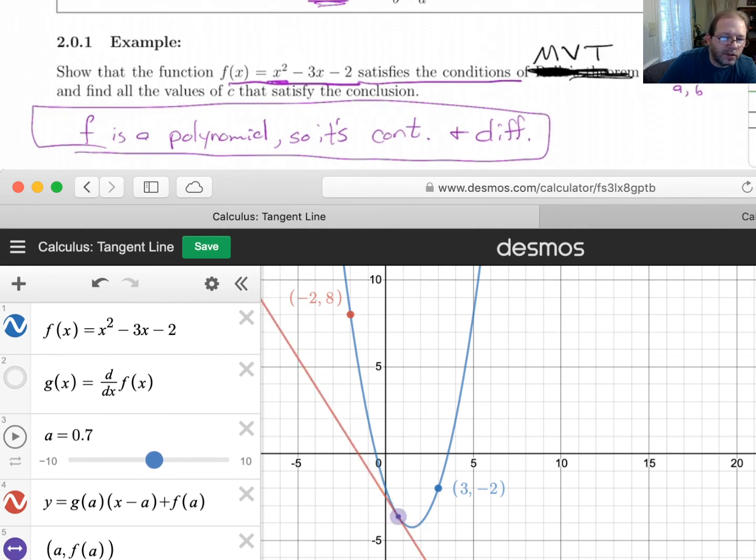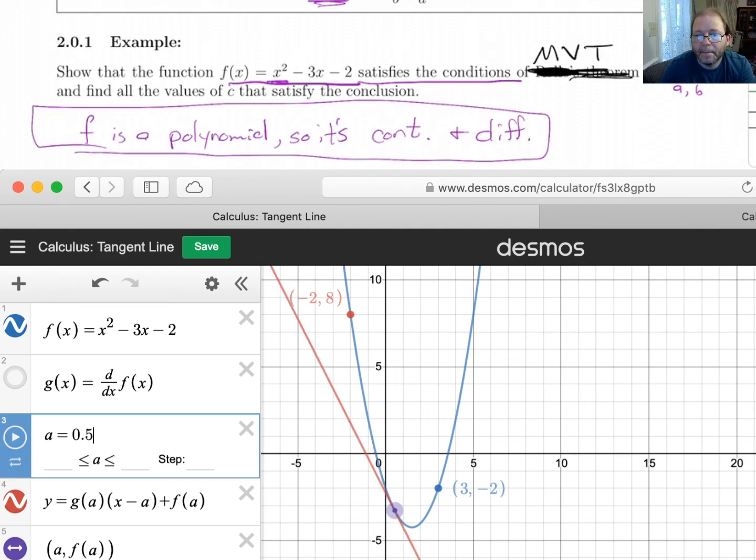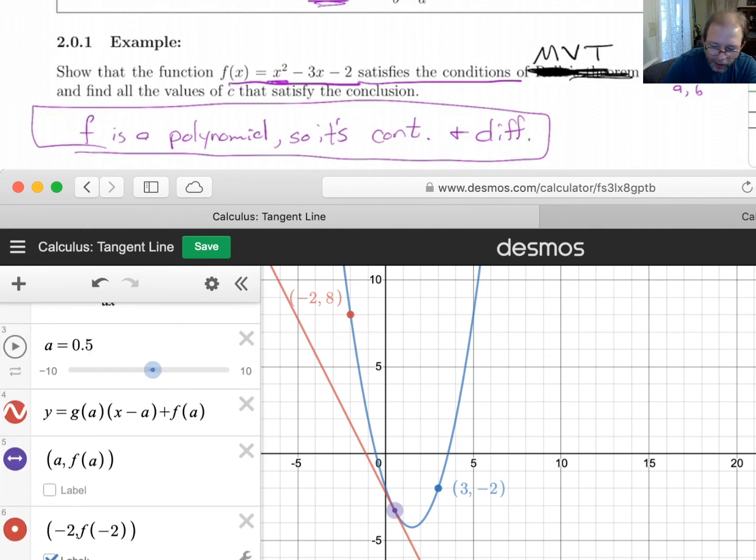Now on this Desmos sheet that I have, I've got the value a there. I'm calling the variable a, and that's supposed to be my c. If you look at that, I think you can tell that's parallel to the line that goes through those other two. And if you can't tell that, let's put in another thing. Let me move this up to the top so you can see it.